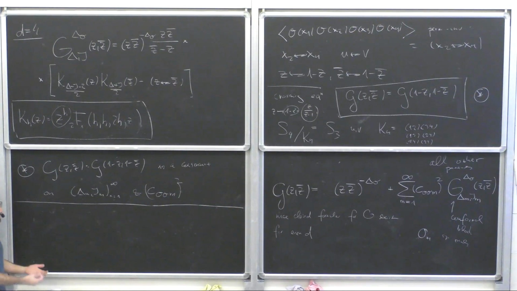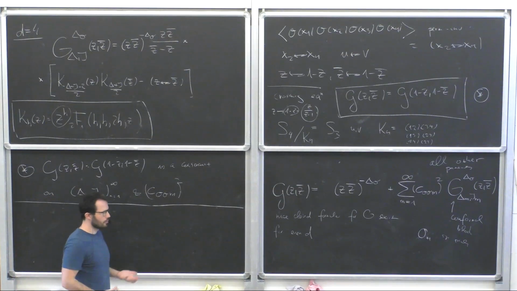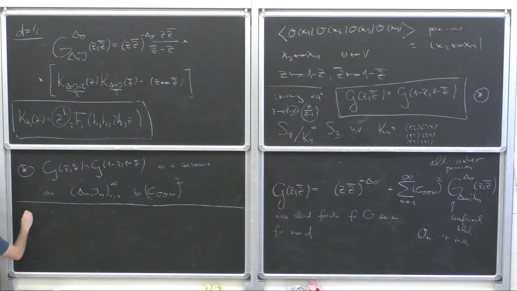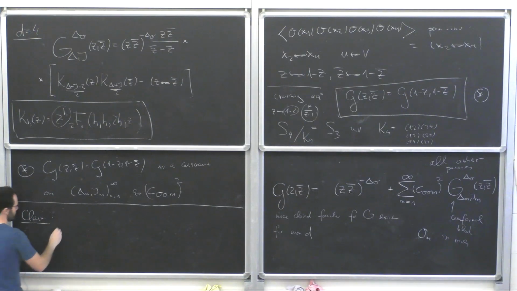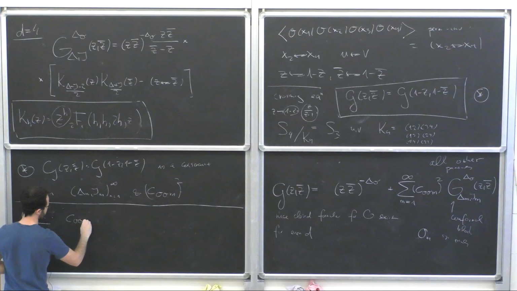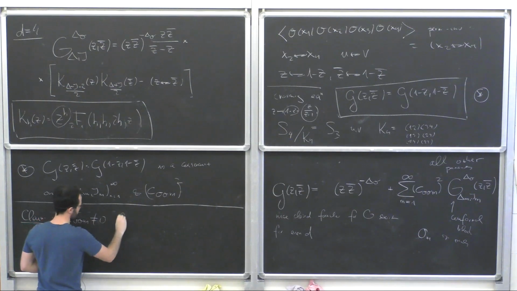So now let's start actually using this equation to prove some properties of CFTs. The first claim is that c_OOm squared is non-zero for infinitely many m.